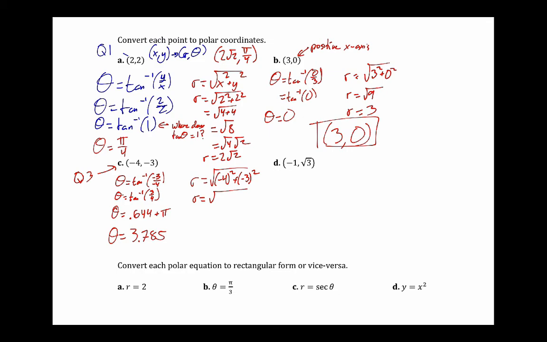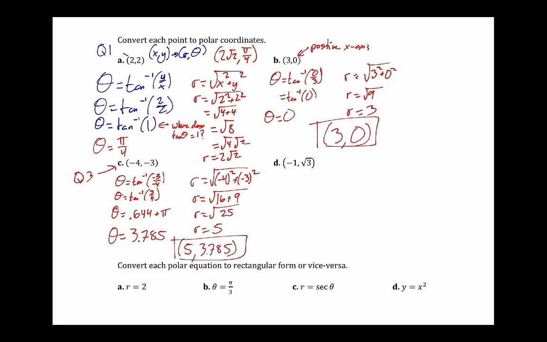Remember, it's in parentheses. Negative 4 times negative 4 is positive 16. Negative 3 squared is positive 9. So we got r equals the square root of 25. That gives us r equals 5. So our coordinates here, (5, 3.785).